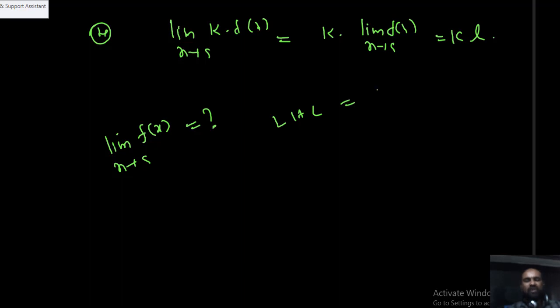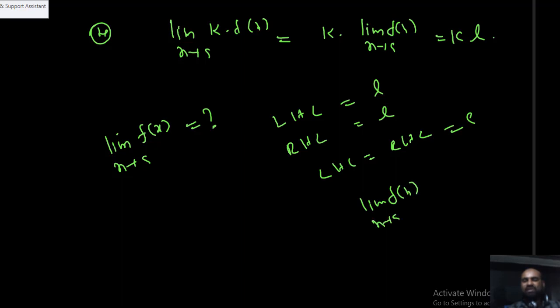It should be defined and should give a finite value. The RHL should also be found, defined, and give a finite value, say L. Then I can say LHL equals RHL equals L, which means the limit of f of x where x tends to a is L. Sometimes, without finding LHL and RHL, you can also find the limiting value directly.